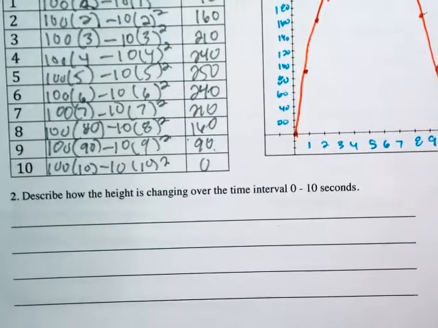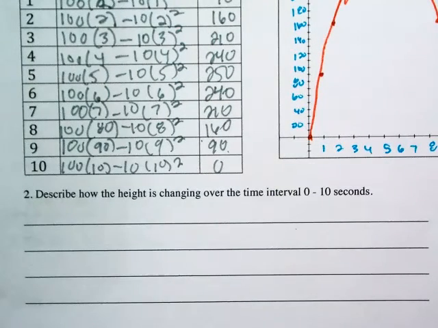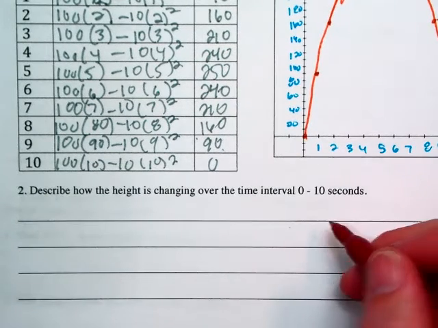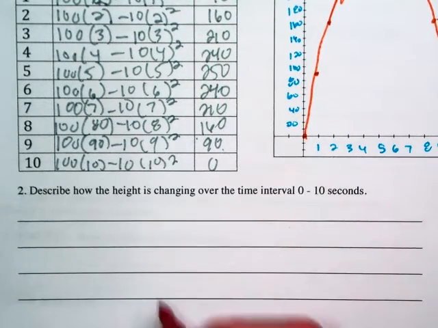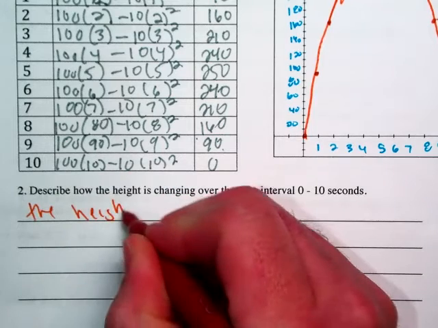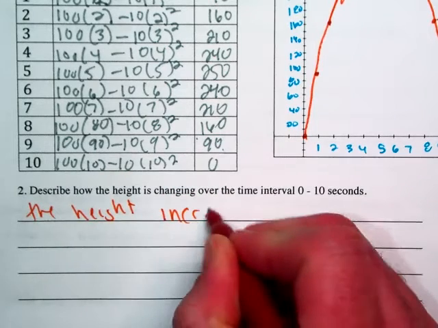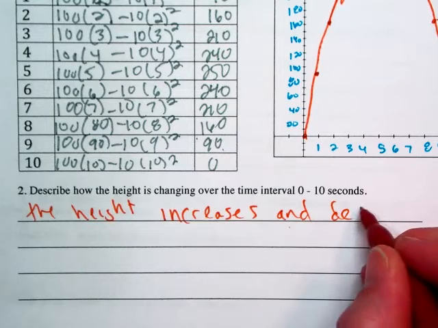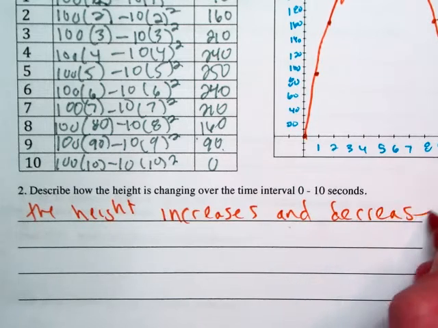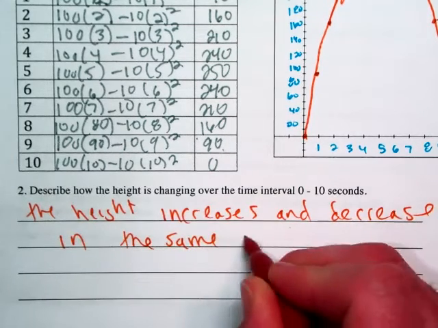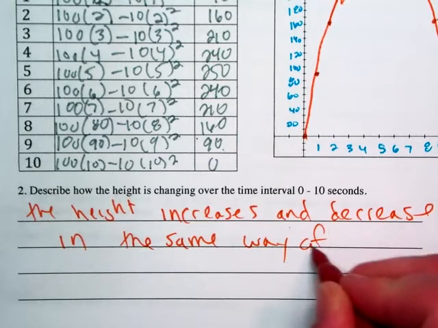So I did do it in the PowerPoint, but if you want to notice, you can see that I would say the height increases and decreases in the same way after reaching the highest point.